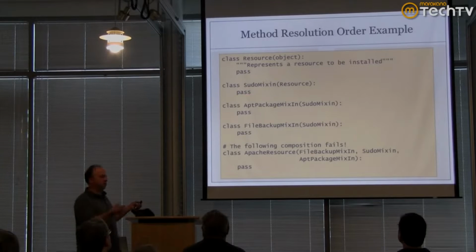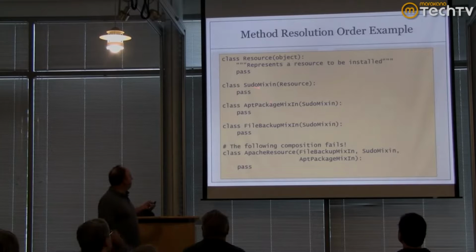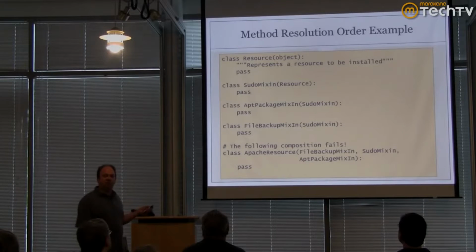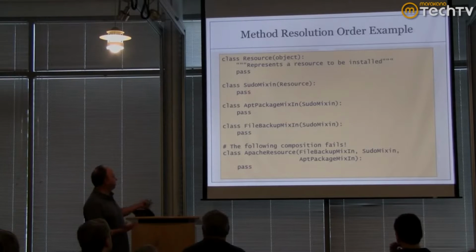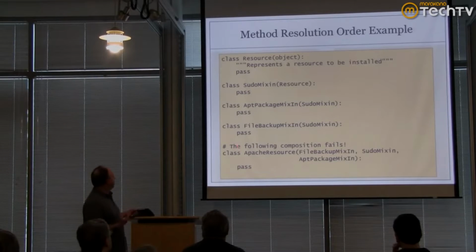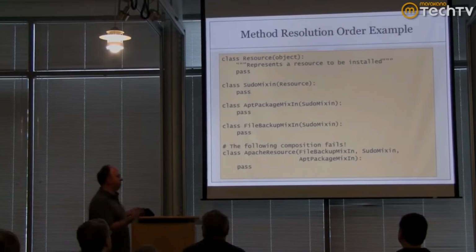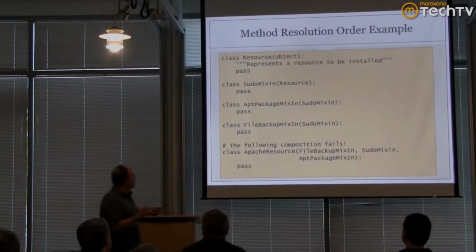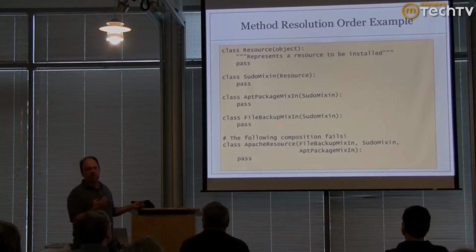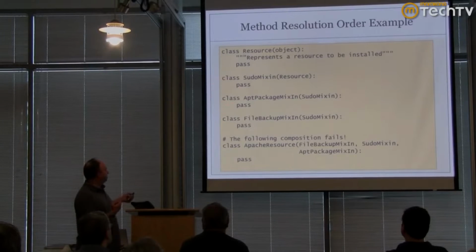So there's a particular mixin that has methods defined for doing that. If I'm using something that's going to use the apt package manager, there's a mixin for that. And to use that, I actually need SUDO access, so I'm inheriting from the other mixin. Then I have a mixin for doing file level backups, and that also requires SUDO access, so it's inheriting from that.